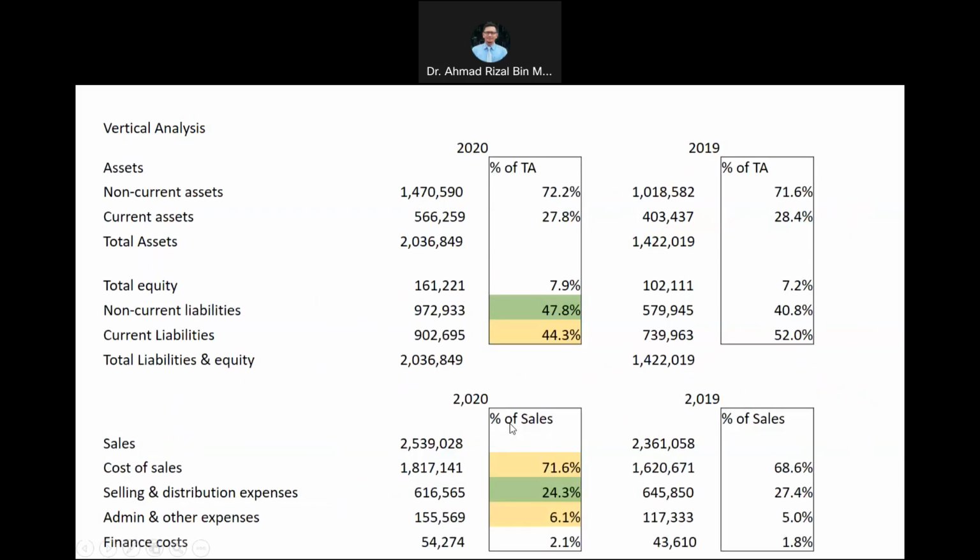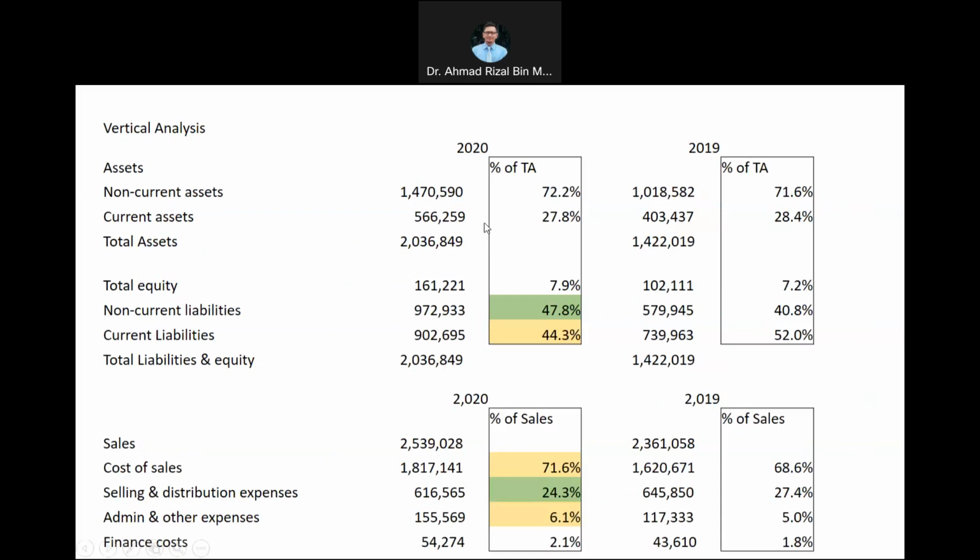Now, for vertical analysis, normally we can do 5 years or 3 or 4 years. But for this case, I'm using 2 years. The current year, which is 2020, versus the previous year. And the objective of vertical analysis is to analyze the items that are contained in the balance sheet.